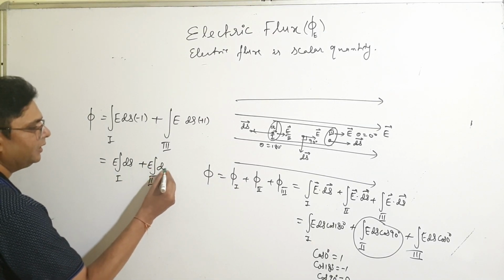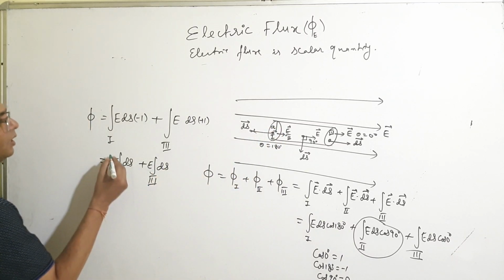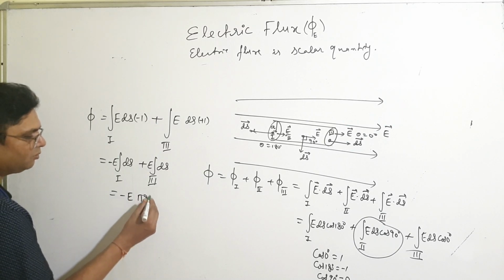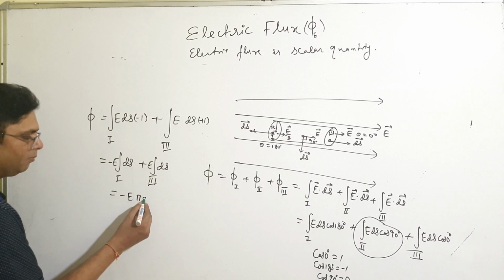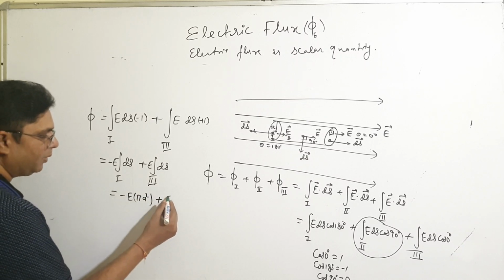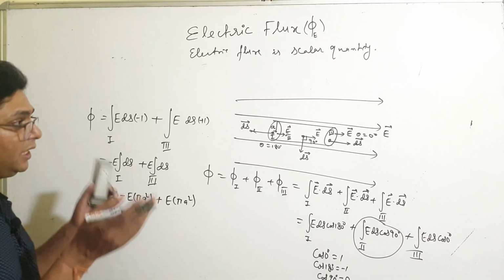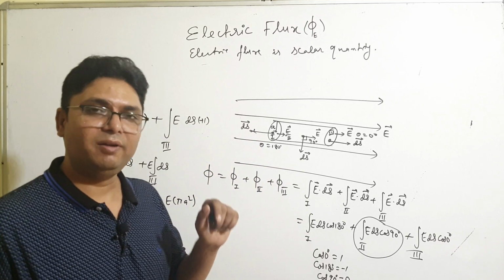Take E outside the integration. The area of the first surface is pi r square, or pi a square. So write minus E pi a square plus E into pi a square. This is equal to 0. So electric flux through this cylinder is 0 when it is placed in a uniform electric field.